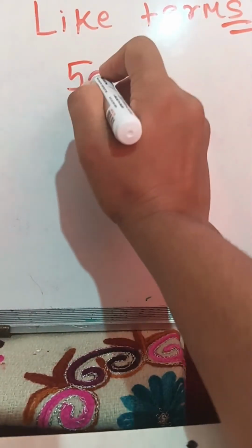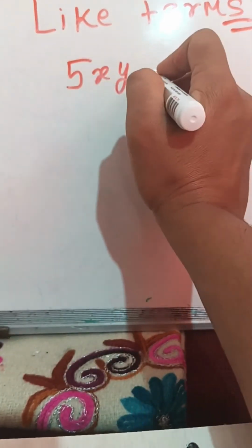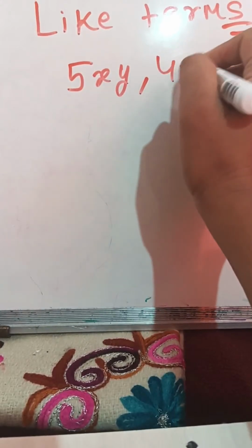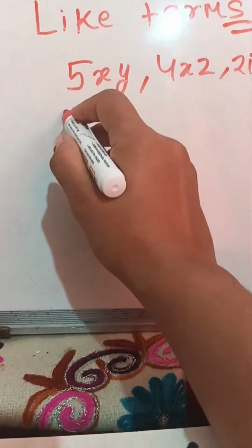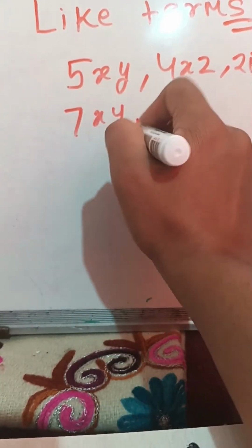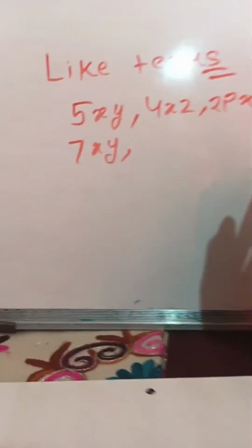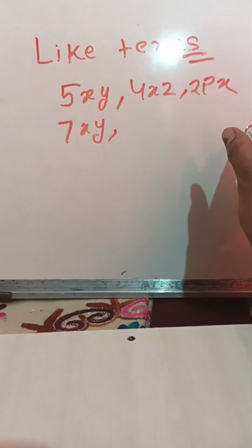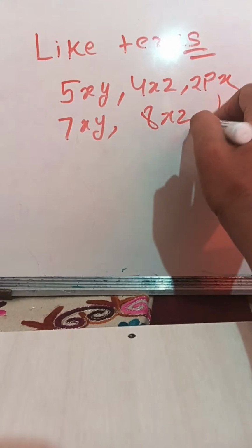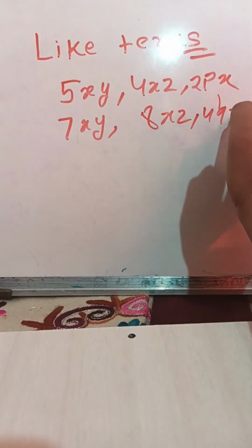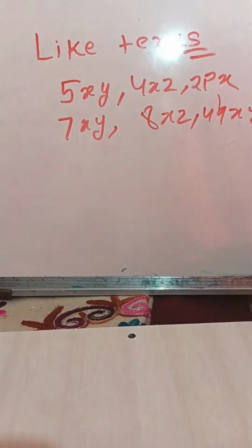See, I have different terms like 5xy, 4xz, 2px, 7xy, 8xz, 49xy. Now they are asking about like terms. Like terms are those which have the same factors.